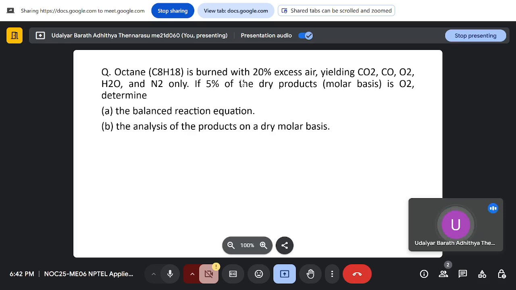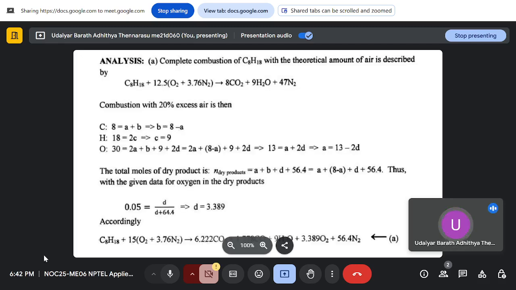In the question it is mentioned that 5% of the dry product is oxygen, so the mole fraction is 0.05, which is the number of moles of oxygen divided by the total number of moles of dry product. So that is D divided by D plus 64.4, which is the total number of moles, and this gives D as 3.389.